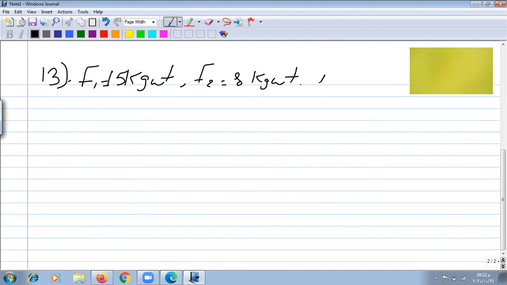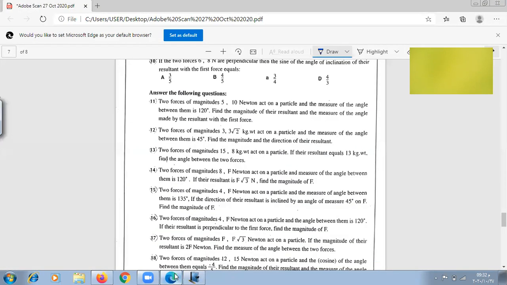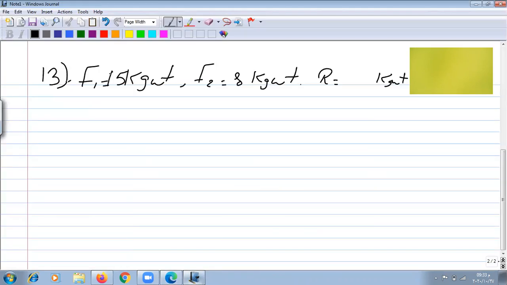We have the resultant equals 13 kilogram weight.